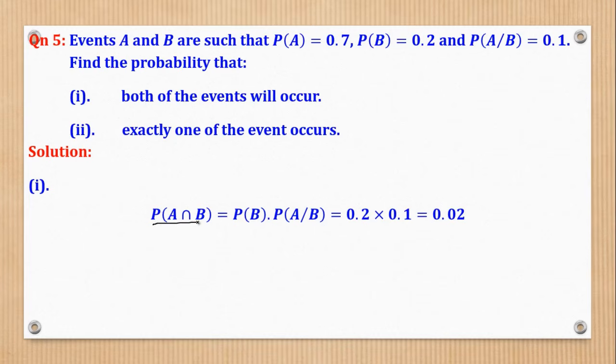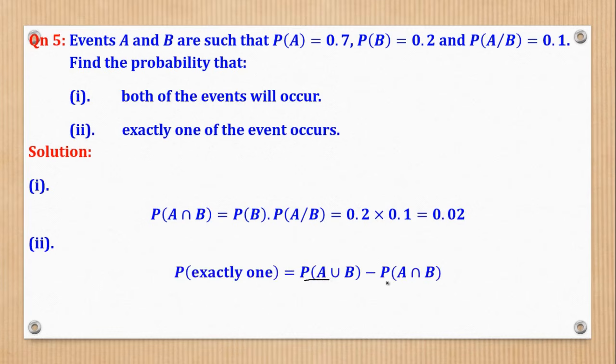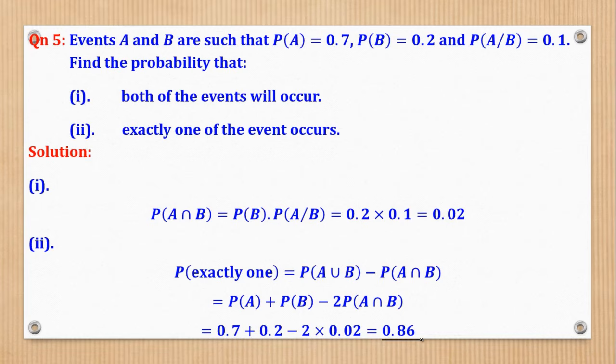So A intersection B will be probability of B times probability of A given B, which gives you 0.02. Then for Roman 2, exactly one of the events occurs. That means A only or B only but not both, which is union minus intersection. Therefore, when I expand the whole of this, it gives you this. And next is to substitute to come up with this 0.86 as the required answer.